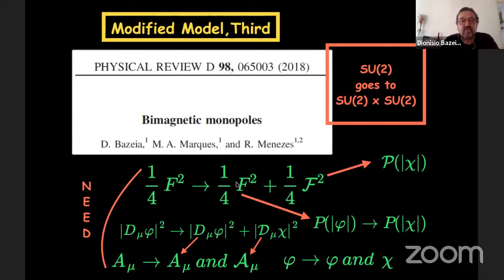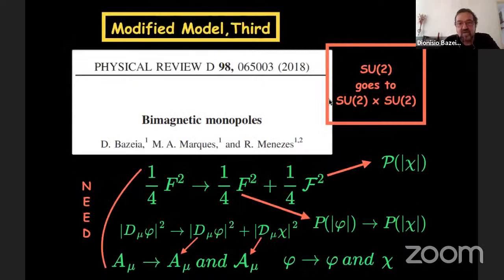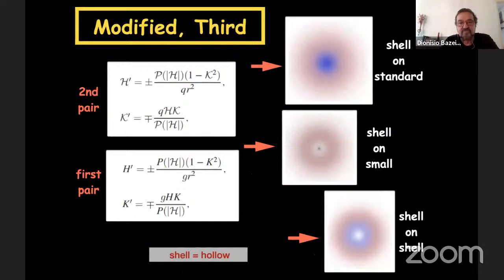When we did this, we wrote two first-order differential equations for the first sector and two first-order differential equations for the second sector. And then I write them here. For the sector with calligraphic and capital letters, here are the two first-order differential equations. And for the first pair of equations for the first SU2 symmetry, we have this pair of equations.